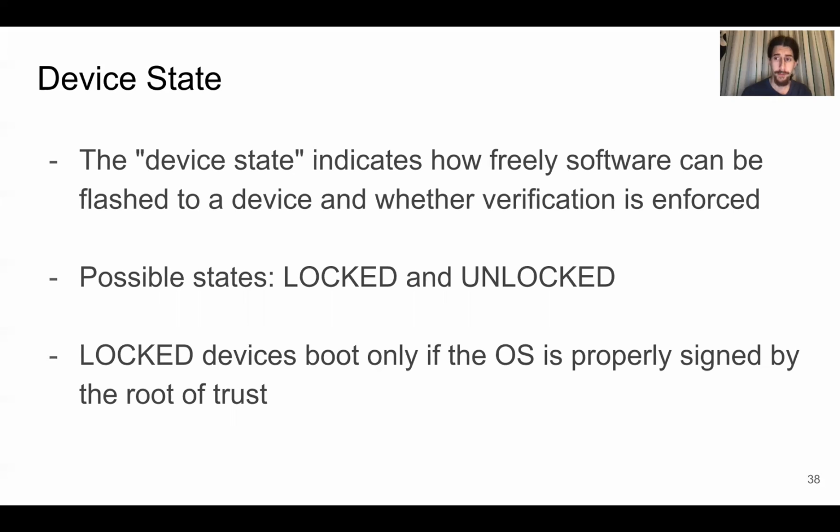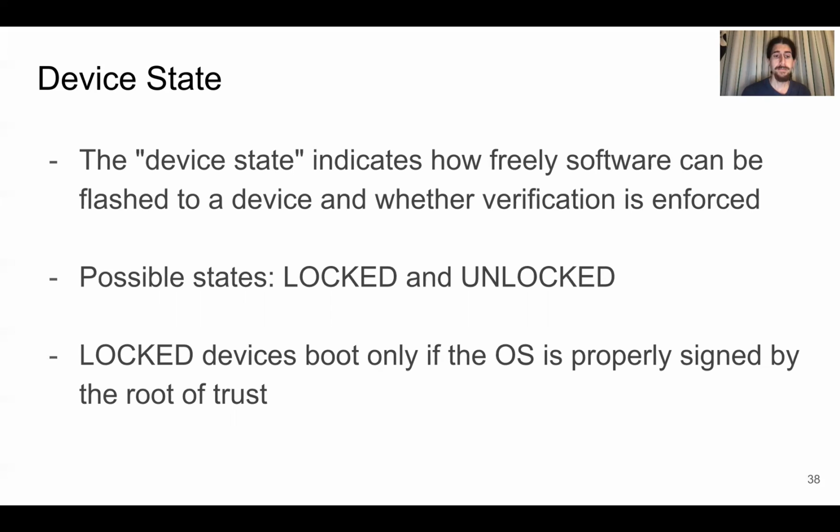So once you boot, the phone tells you I'm in state locked or in state unlocked. State locked means that the device boots only if the operating system, so Linux kernel, Android, blah, blah, is signed by the root of trust that is in the boot ROM. And it is unlocked, of course, if that's not the case.